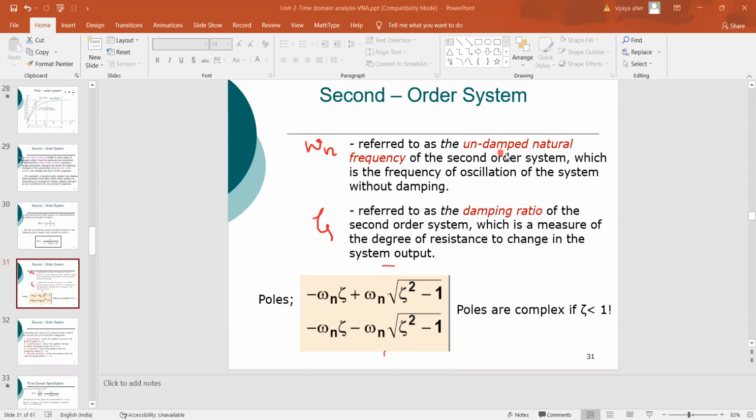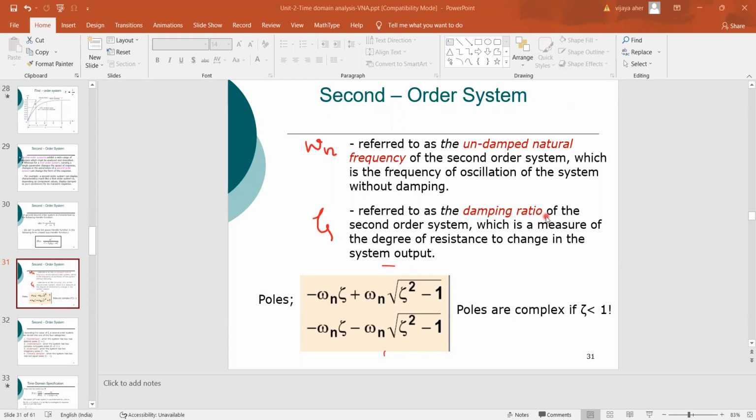Omega n is the undamped natural frequency of the second order system, which is the frequency of oscillations of the system without damping. Undamped means without damping. Okay, and what is zeta? Is denoted by this letter. Zeta is referred to as the damping ratio or damping factor.